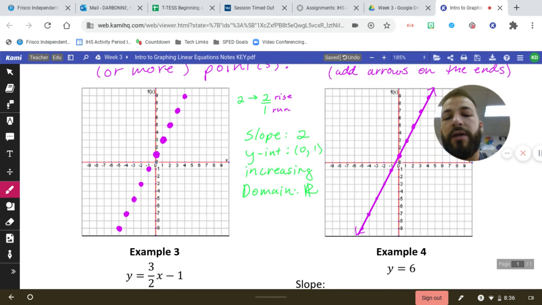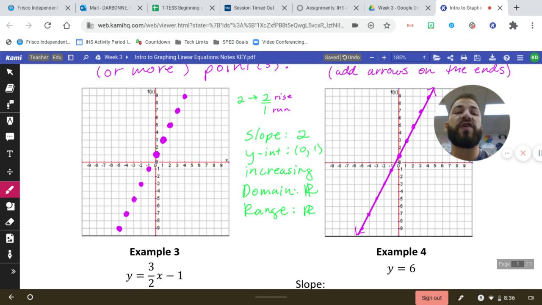Likewise, my range is the same thing. If I'm going up forever and down forever, it would also be all real numbers. And for our lines, our domain and range is never going to change, because even though we change the slope and the y-intercept, our lines are always going to continue in both directions.